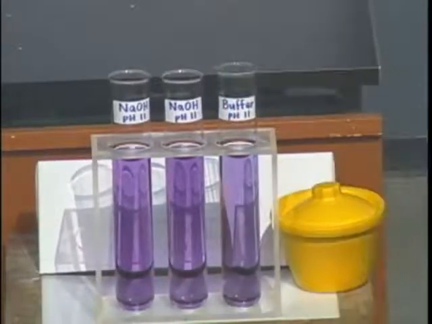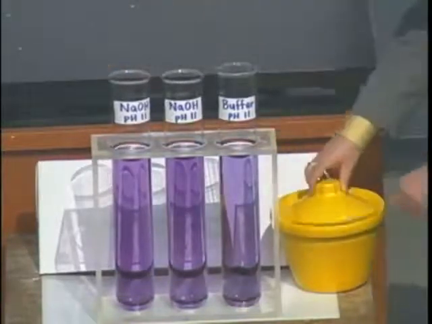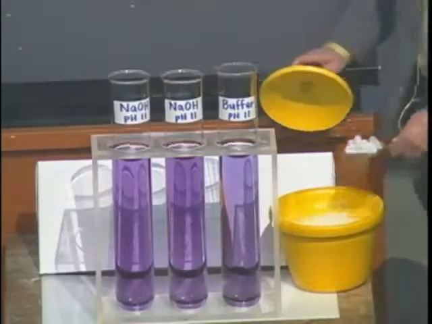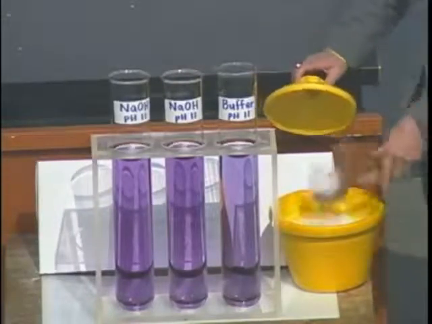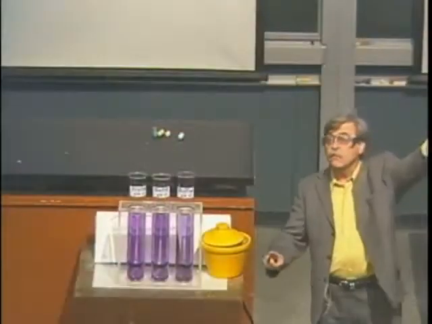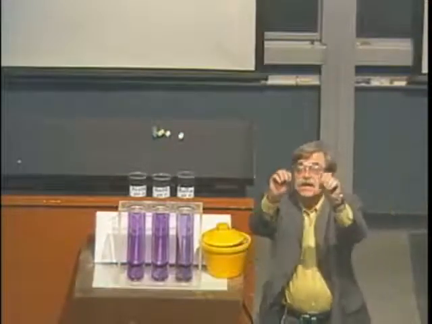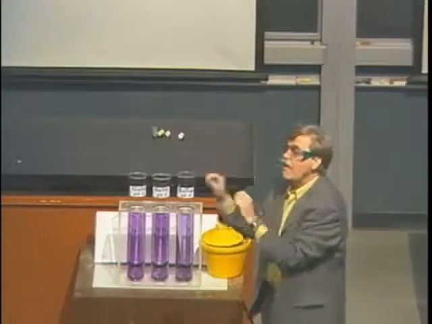And so I would like to ask you a chem quiz. I'm going to add to the sodium hydroxide some solid CO2. What will the pH do? Will it go A, larger than 11, B, equal to 11, or C, smaller than 11?